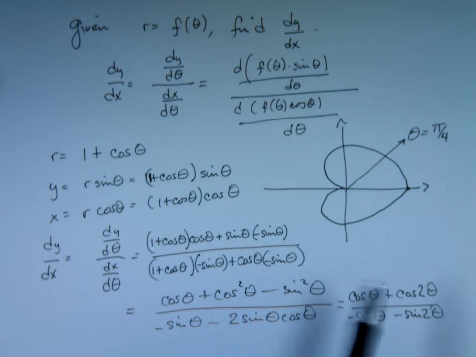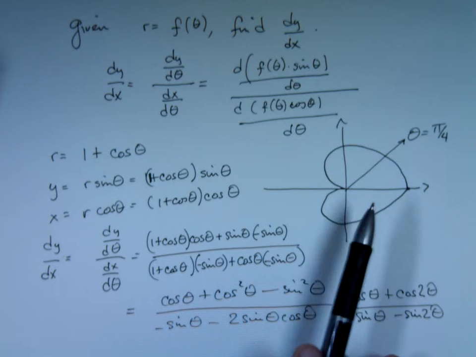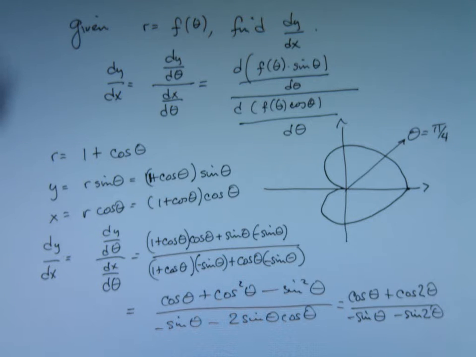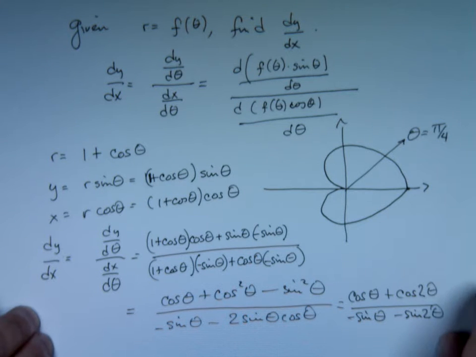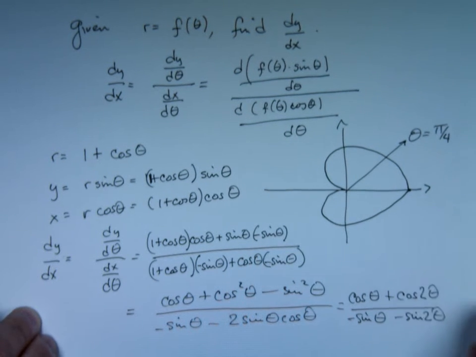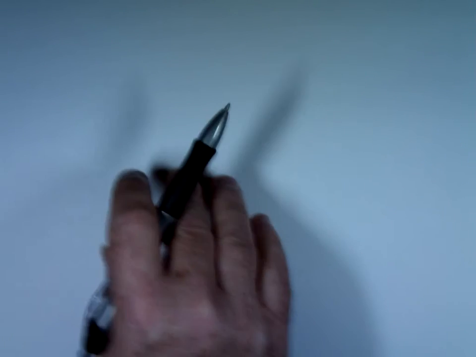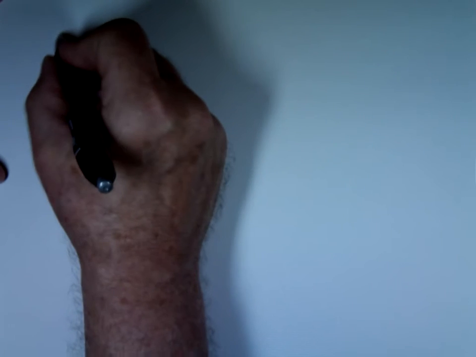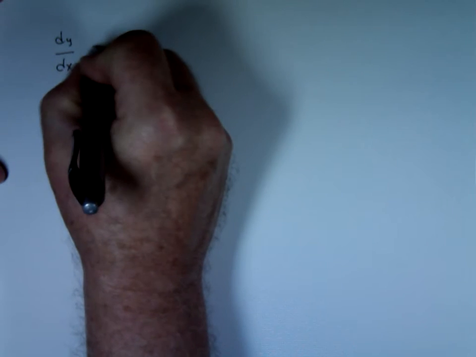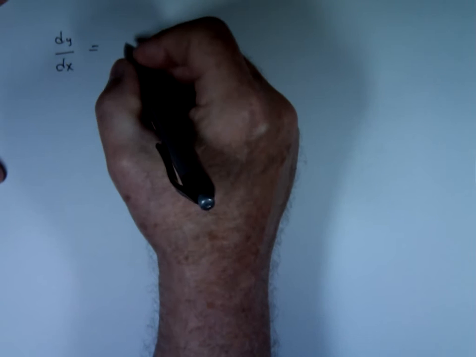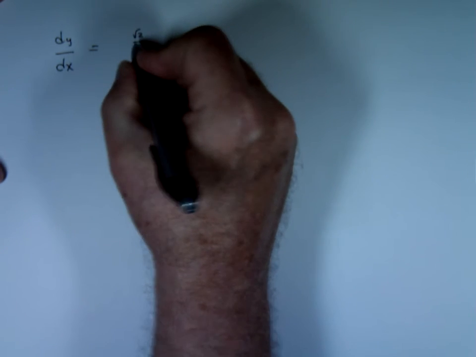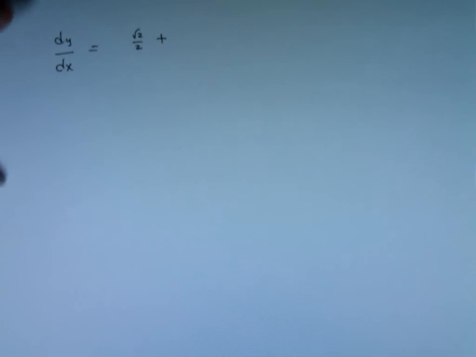And if we want the slope of the tangent line at theta equals pi over 4, we're going to replace theta with pi over 4. So here's what we're going to get. dy/dx is equal to cosine of pi over 4, square root of 2 over 2, plus the cosine of 2 times pi over 4, which is the cosine of pi over 2. What's the cosine of pi over 2?